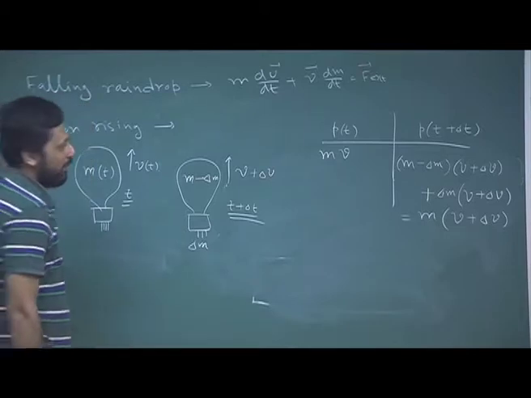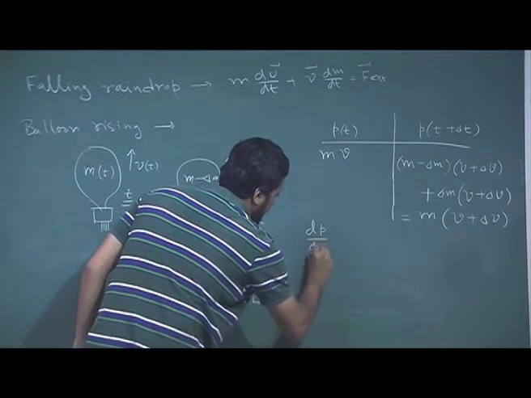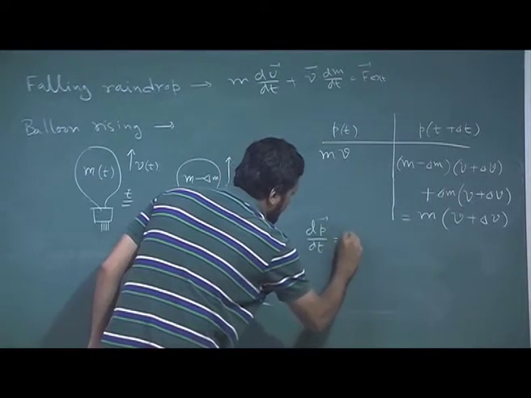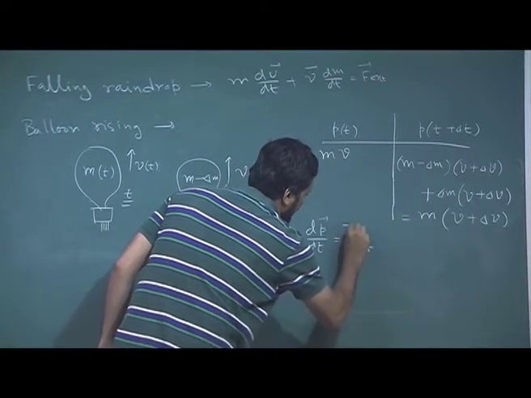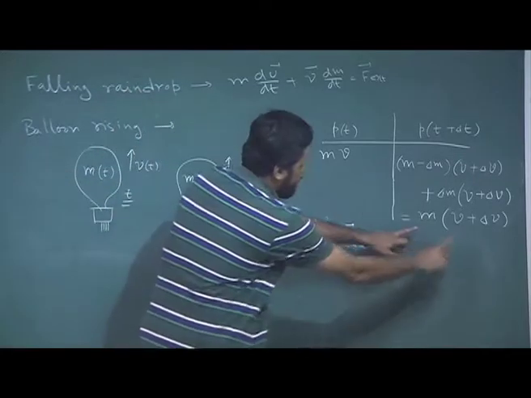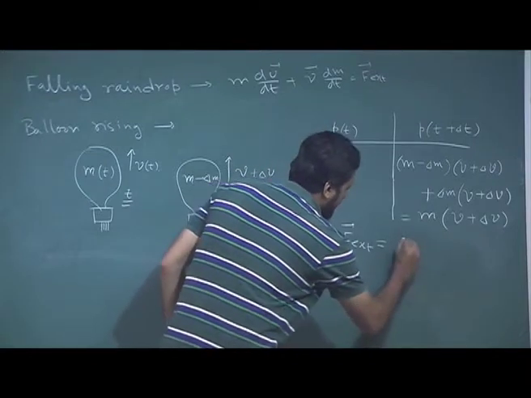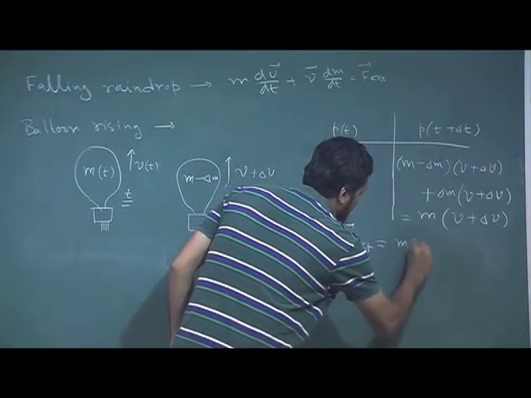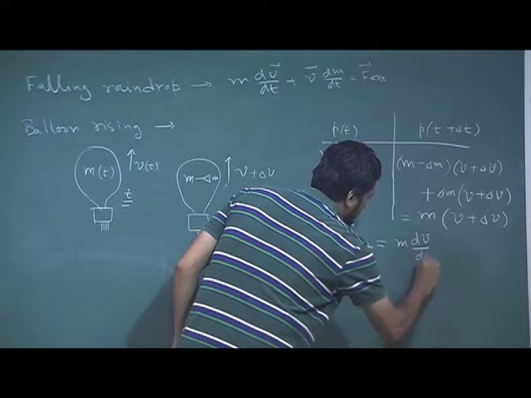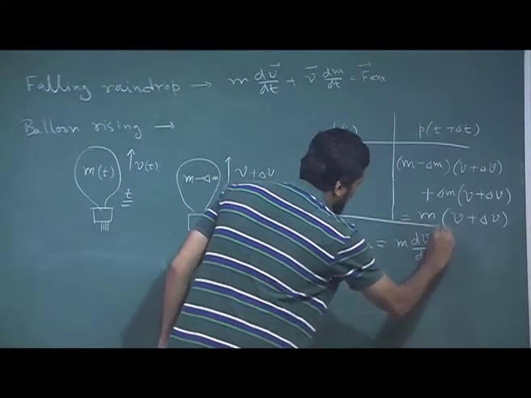That is it. So, if we construct dp dt from here, which will be equal to F external according to Newton's second law, we take the difference between these two divided by time, and we simply get m dv dt. So, this is our final equation.